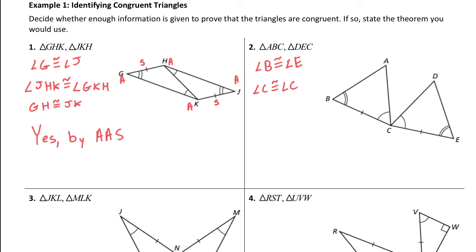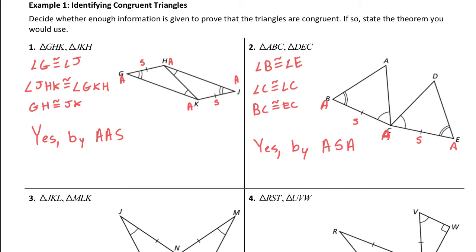And then BC and EC are congruent to each other. So when we look at this, yes, these are congruent, and that's by angle, side, angle. We've got two angles and the side in between those two angles. They're congruent, yes, by angle, side, angle.